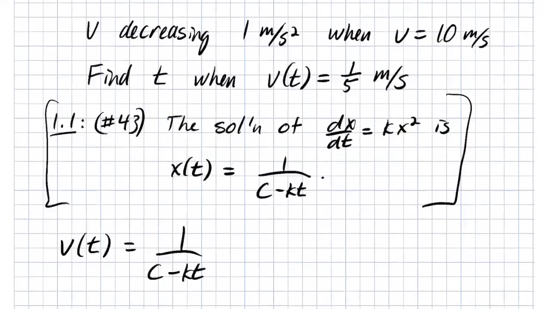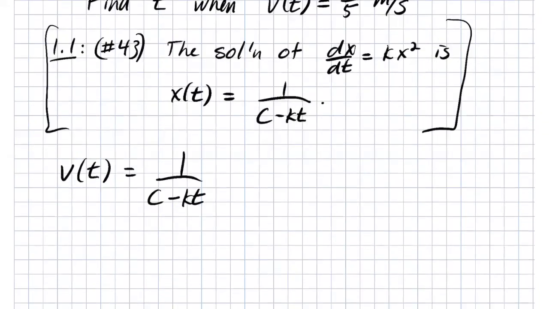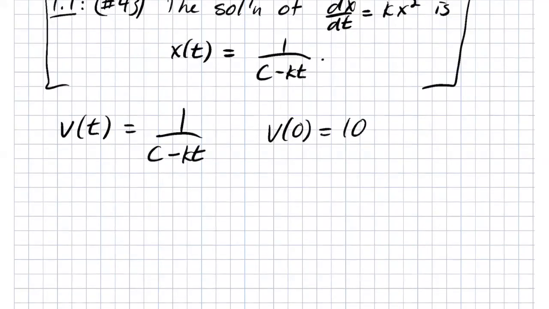Okay, and let's use our initial condition. So v of 0 equals 10. So that means that 1 over c is equal to 10. And so therefore c is equal to 1 over 10.